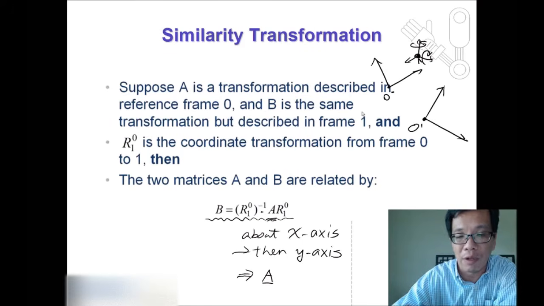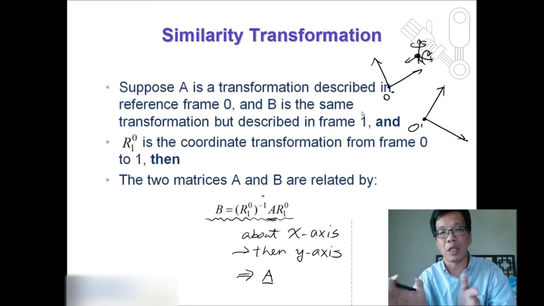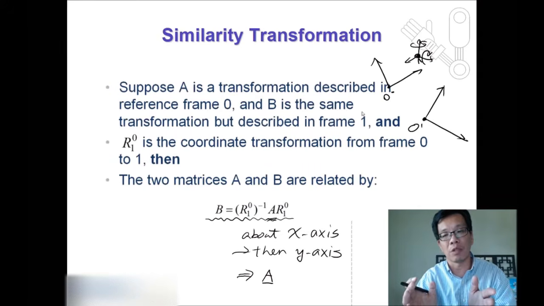B equals the inverse of the transformation multiplied by A multiplied by the original transformation. Then we can find out the transformation matrix. Again, you do not need to deal with everything from scratch. As long as you know individual transformations, then you should be able to come up with a similarity transformation matrix based on what we have already.